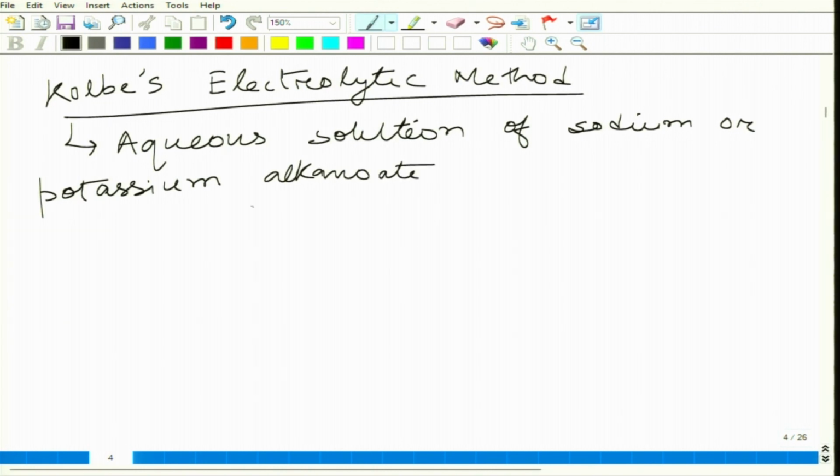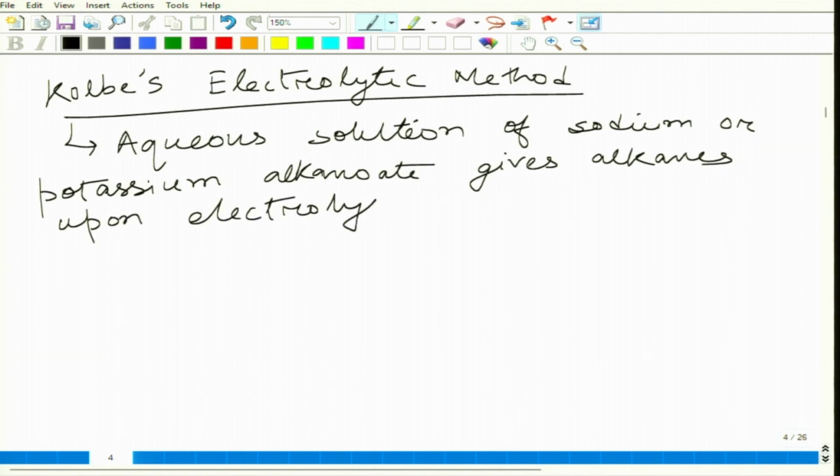That means the sodium or potassium salt of any carboxylic acid gives alkanes upon electrolysis. Okay. So, upon electrolysis, the aqueous solution of the sodium or potassium salt of any carboxylic acid will give alkanes.